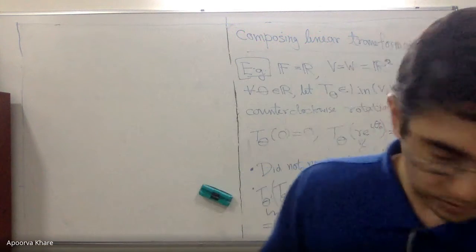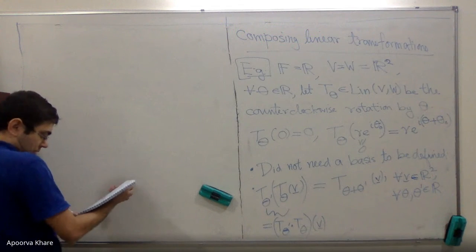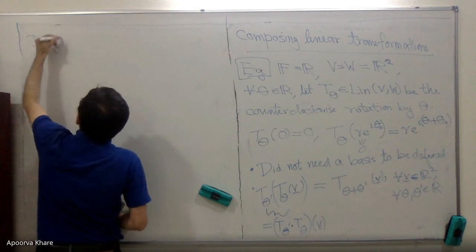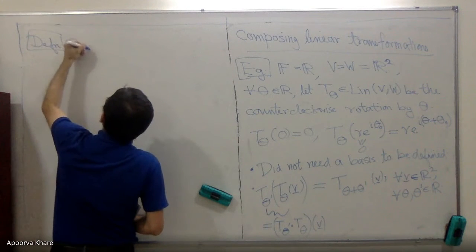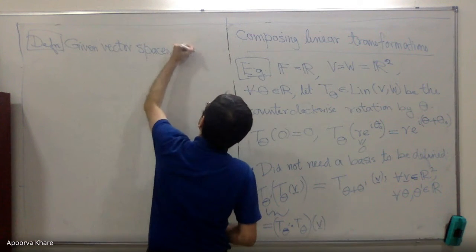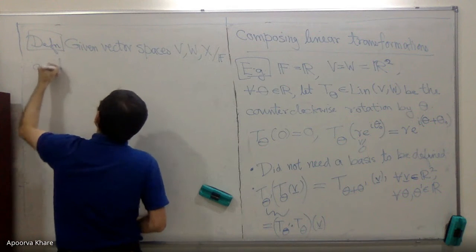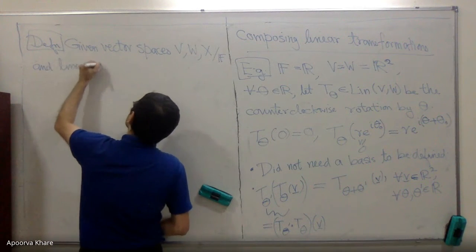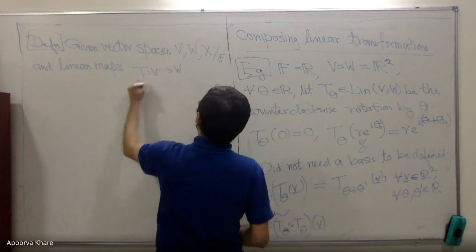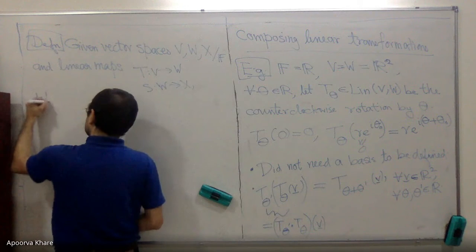Okay, so definition first. Given vector spaces V, W, X over F and linear maps T from V to W and S from W to X, define the composite to be the composite function, right?